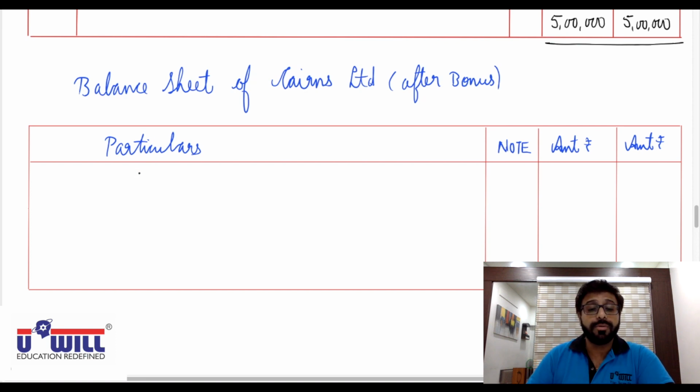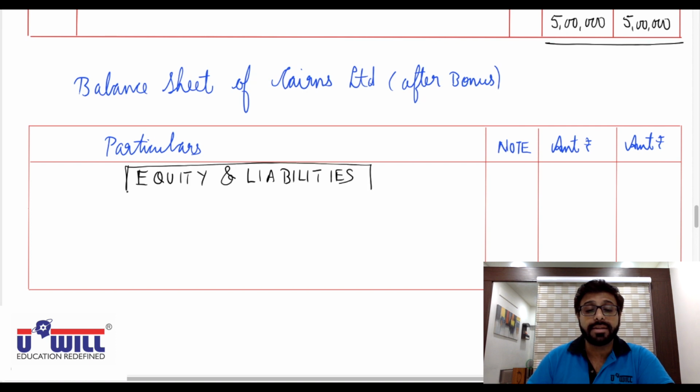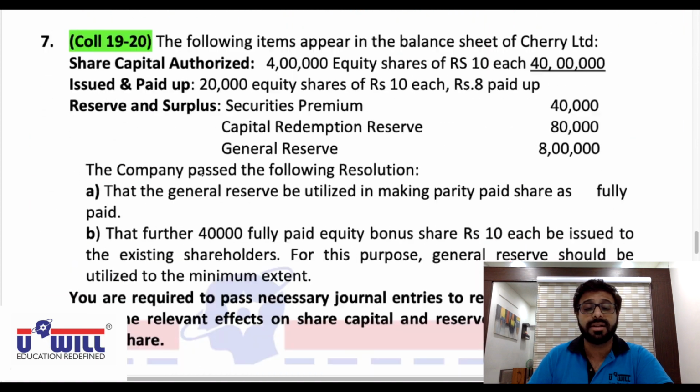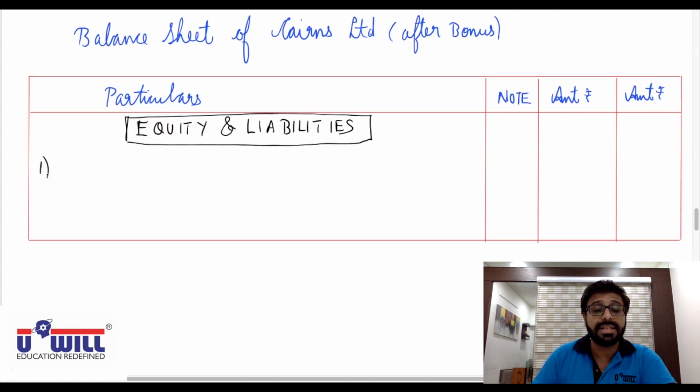Okay, now here first heading on the liabilities side, what we give is equity and liabilities. In that, since we have to show only the effect of bonus on the share capital and reserves, only the first item will come in the balance sheet, that is shareholders funds. And that shareholders funds include 2 things that we have to show in detail.